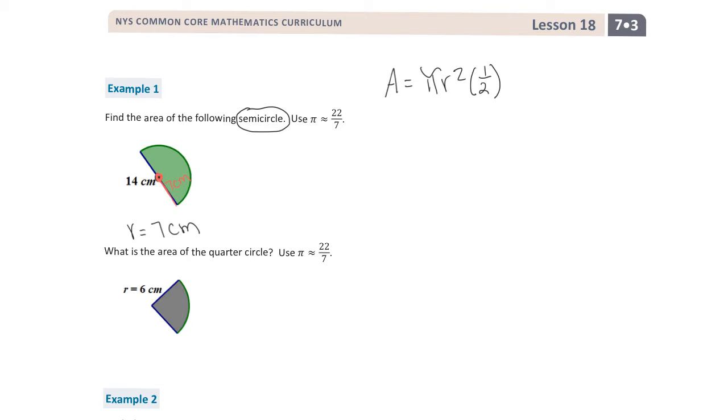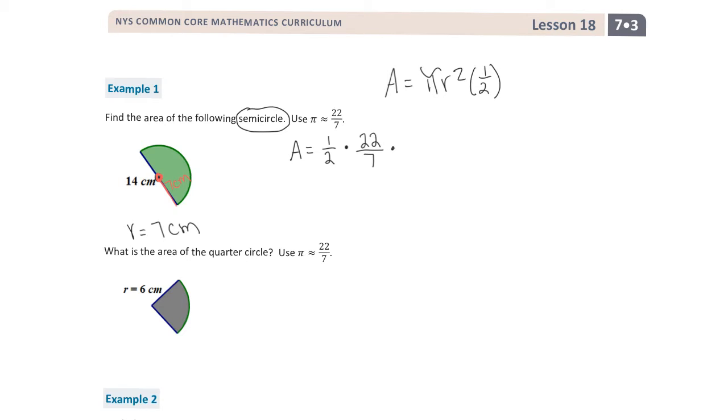So then we're going to want to multiply all of this by 1/2. To solve for our first shape, we have that our area equals 1/2. And again, we're using this 1/2 because we're using a semicircle, times, let's multiply it by pi. And here we're going to use 22 over 7 to represent our symbol pi, times 7 centimeters squared.